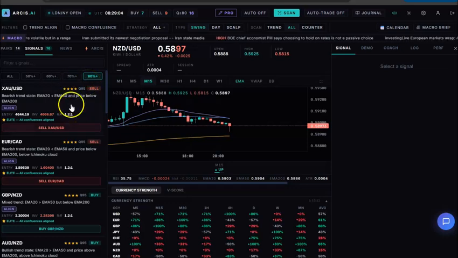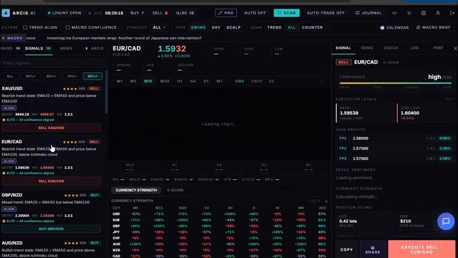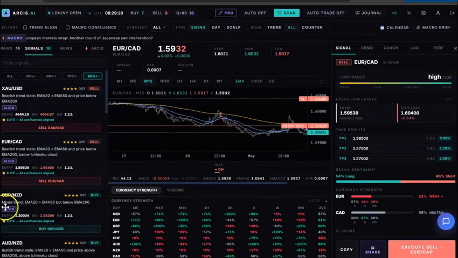Setups that I like to use are above 80, and what I recommend are the elite. So when you see the star here, it says elite, all confluence is aligned, very high probability setups you want to be trading. So if you click on the card here, it actually gives you a breakdown of the actual setup.